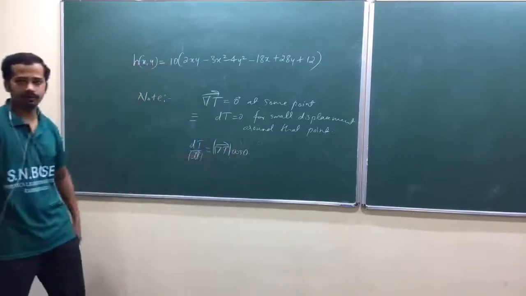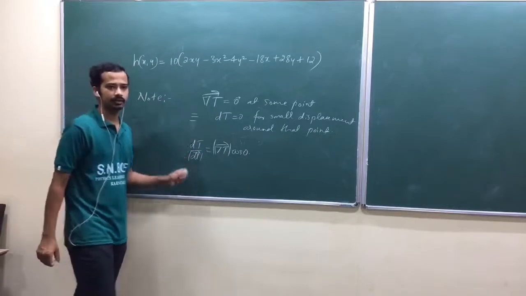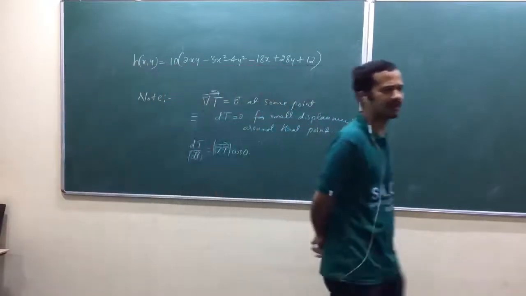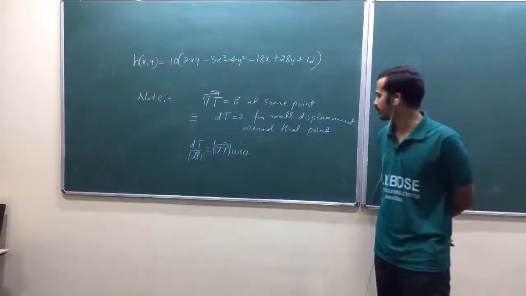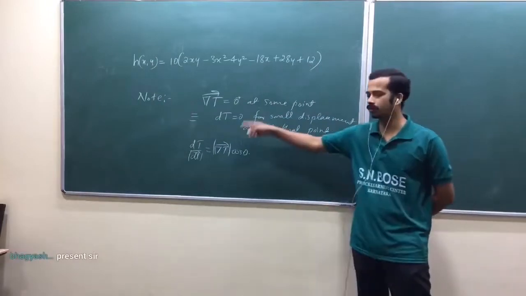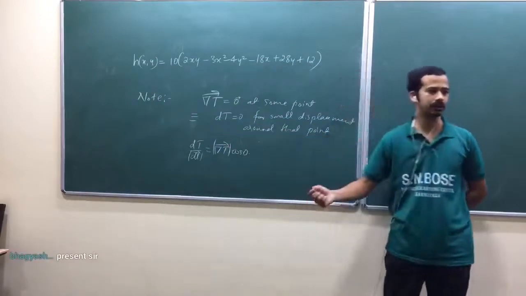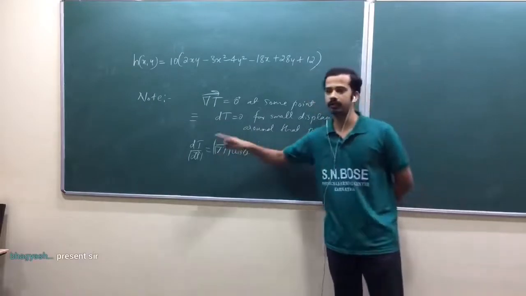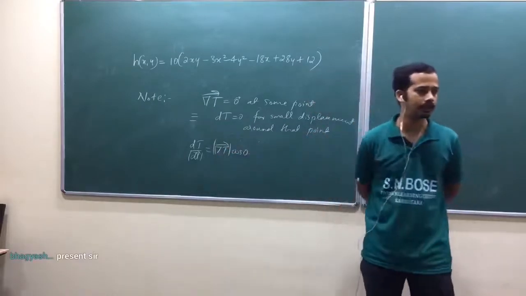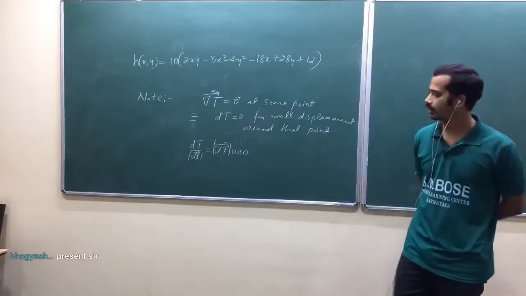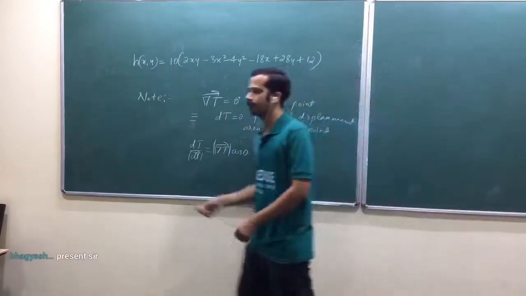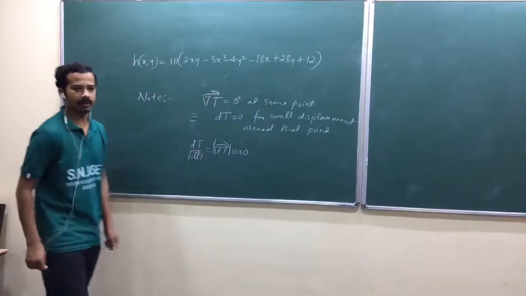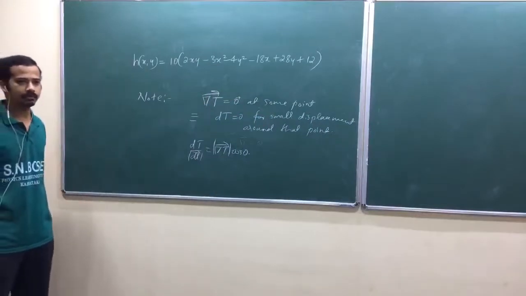If del t equal to 0, the change dt by dl is 0. For a small displacement, dt equal to 0 means dt by dl equal to 0. At the point where gradient equals 0, there is either a point of maxima or minima, isn't it? So our derivative vanishes at a point of maxima or minima.